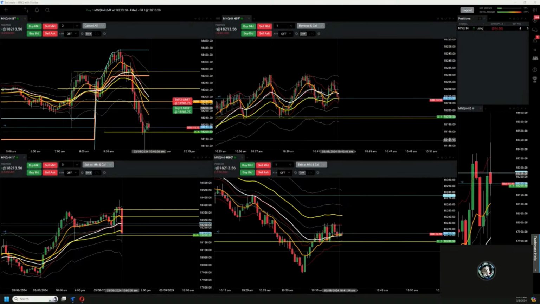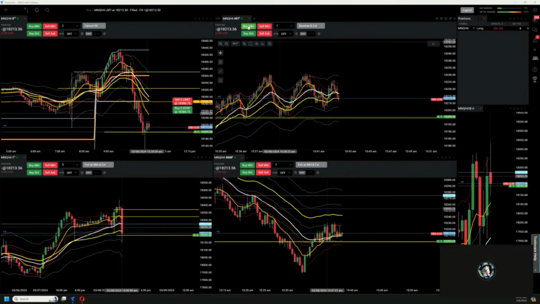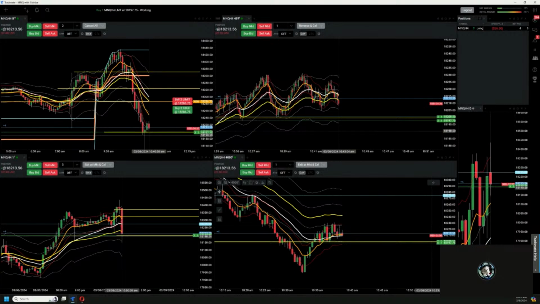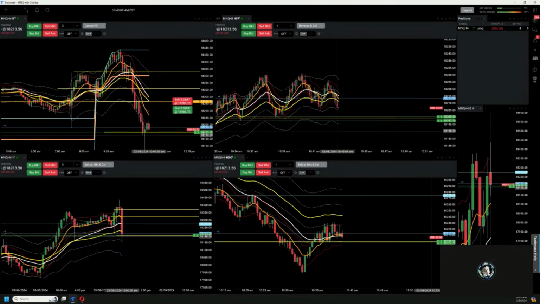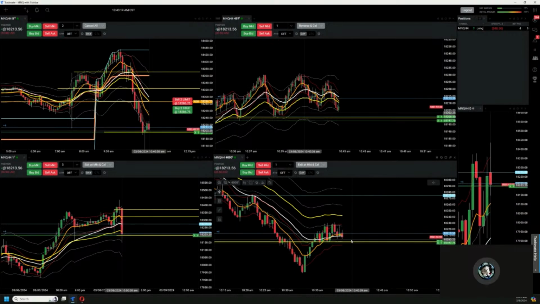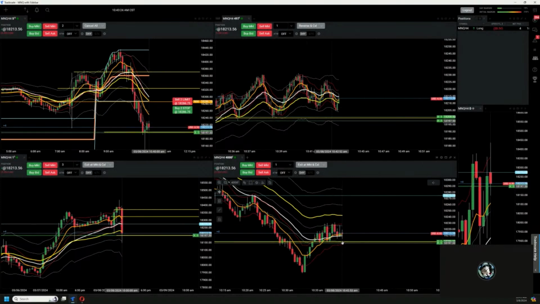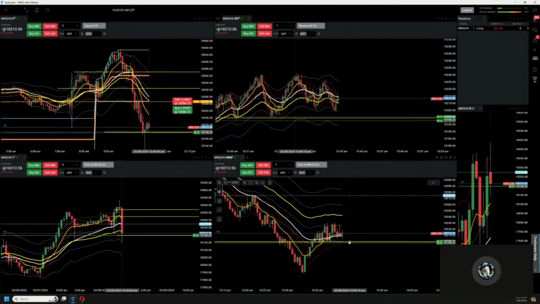Order filled. Still watching that level on chart 4. To me the immediate downside level that's most important is that chart 4 level at 200.